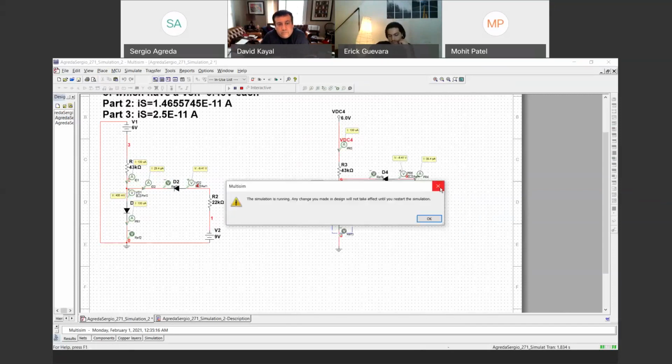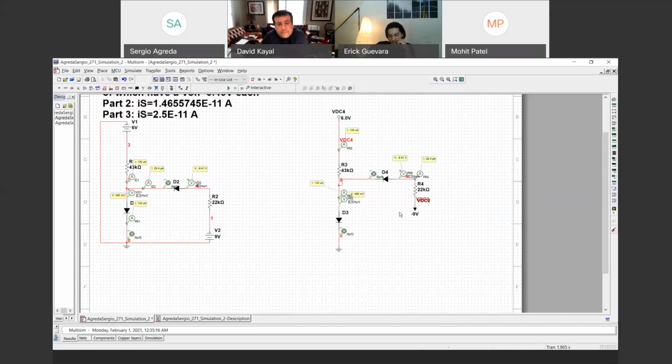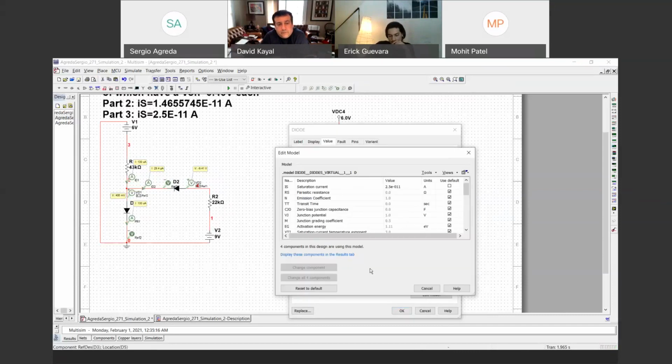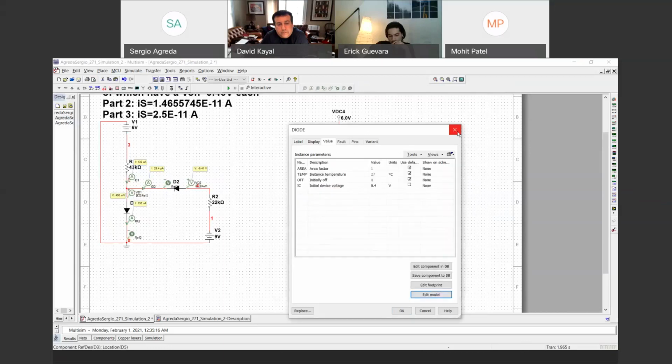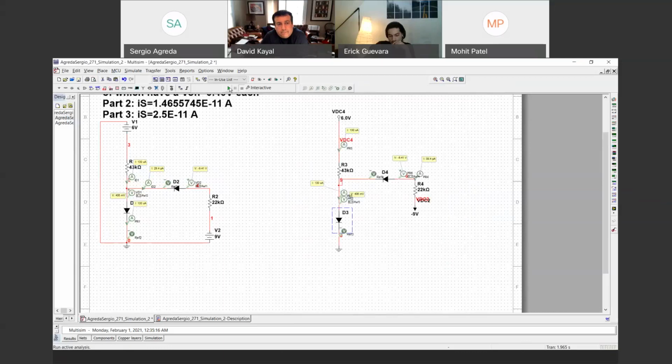So it's changed. Yes. Okay. And there, our circuit is showing the values that we calculated and expect this diode to behave like. That is because we changed the saturation current to 2.5 times 10 to the negative 11.